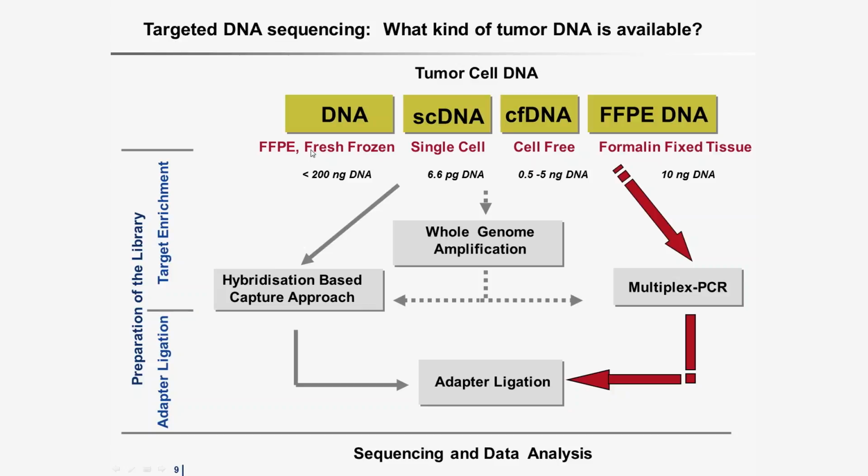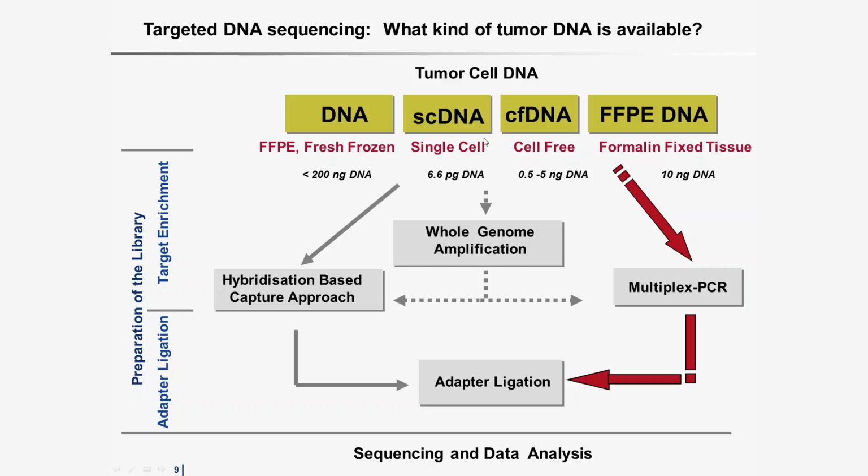So when you have quite plenty of DNA, for example from fresh frozen material, or also sometimes from big samples of formalin-fixed tissues, then the hybridization-based capture approach is working.